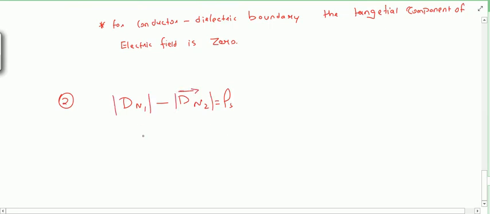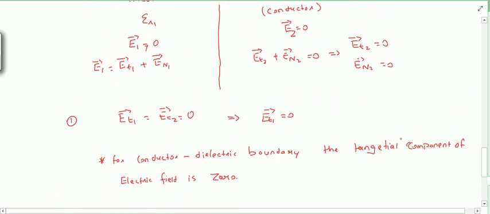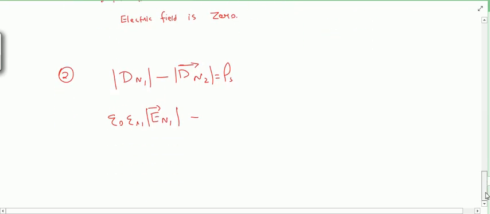Okay, and here we can relate this as epsilon naught epsilon r1 En1, and I can write this as magnitude minus, as this En2 is 0. Here En2 is 0. So what is that? Dn2 will also be 0.